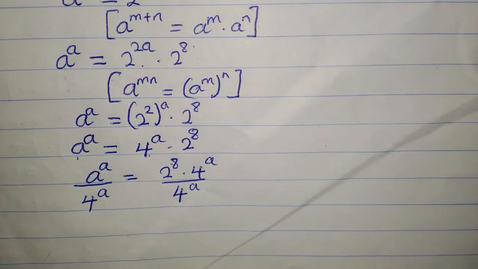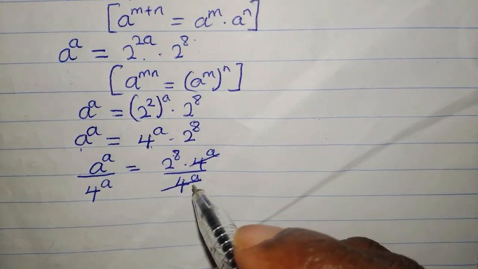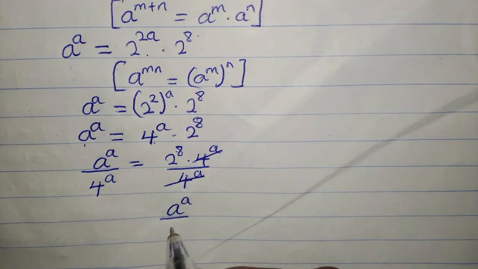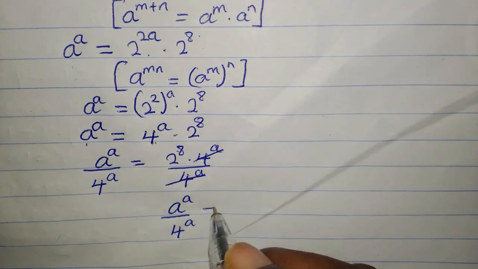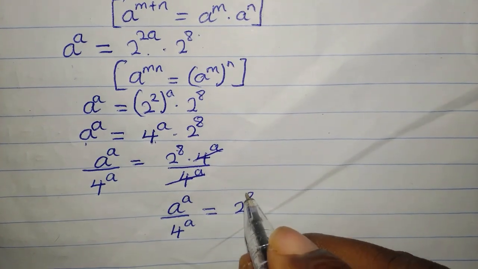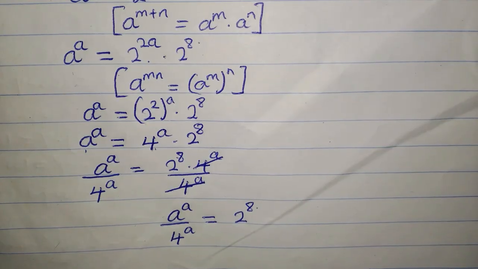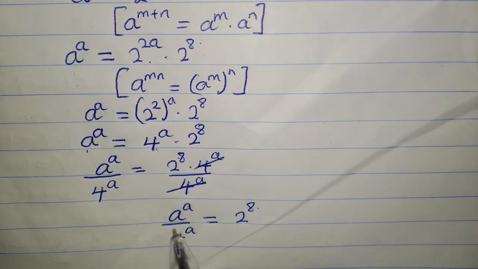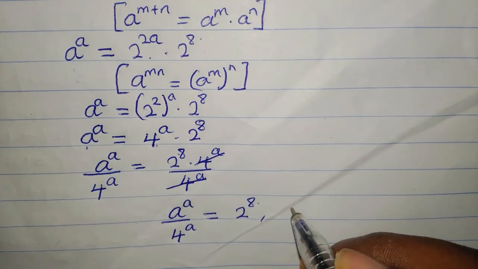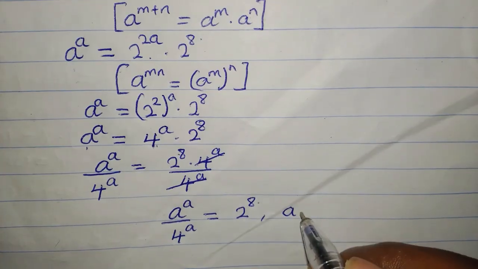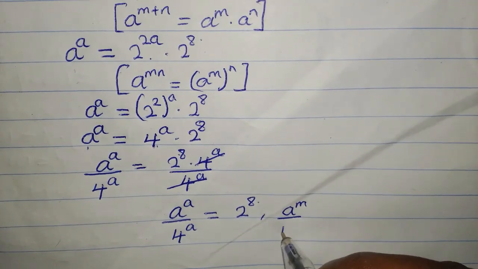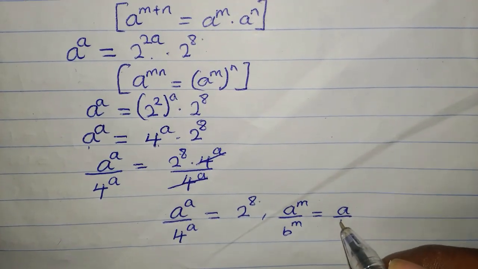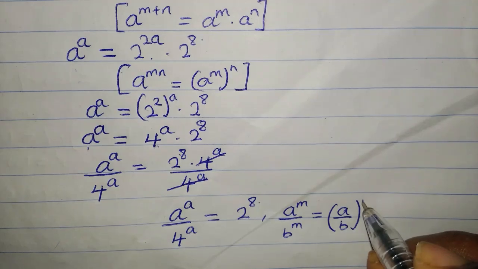You can see that 4 to the power of a cancels 4 to the power of a. So we are left with a to the power of a divided by 4 to the power of a equals 2 to the power of 8. From this part, we apply a rule: a to the power of m over b to the power of m is also equal to a over b, all to the power of m.